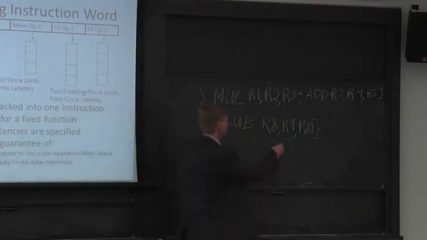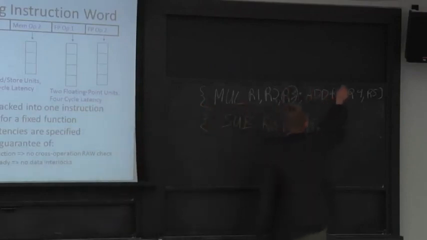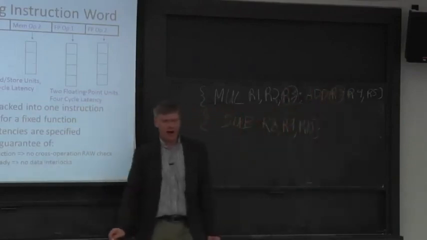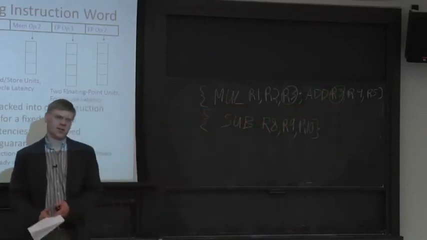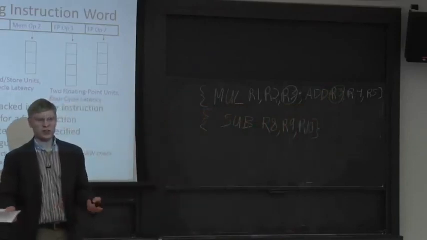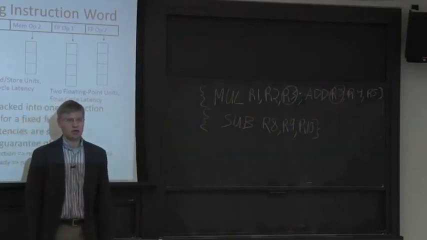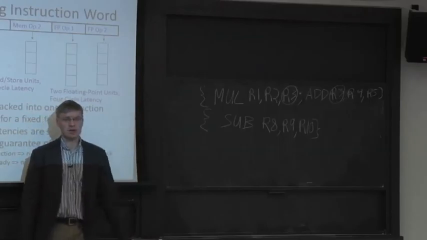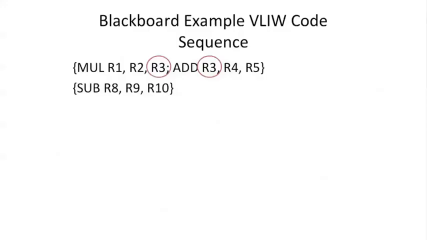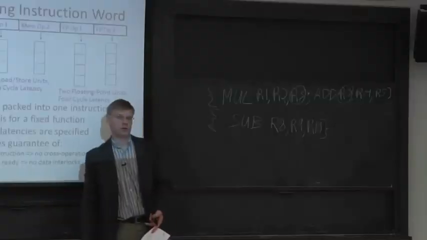Now, what's interesting is if you look at this, I purposely wrote this to show what looks to be a read after write or write after read or some sort of dependence between these two registers and these two instructions here, this mul and this add. But that's not what's actually going on here. In a very long instruction word processor, within one instruction, within one bundle, these sorts of dependencies are ignored.